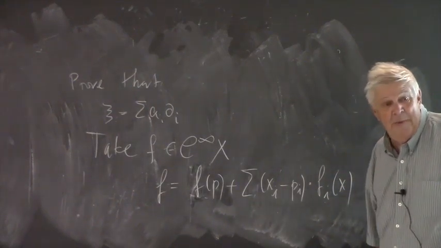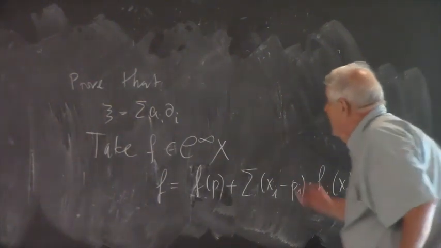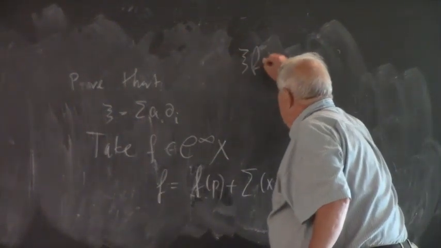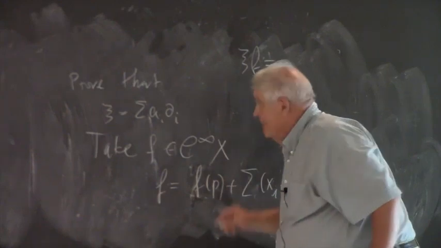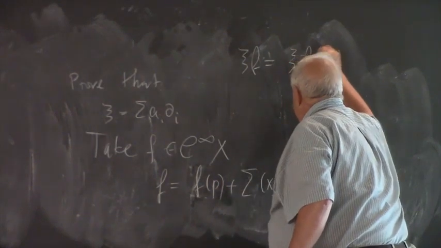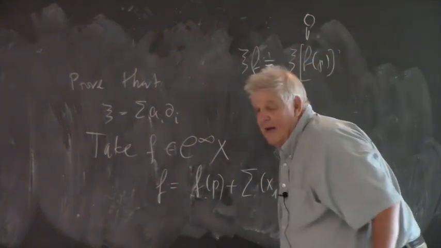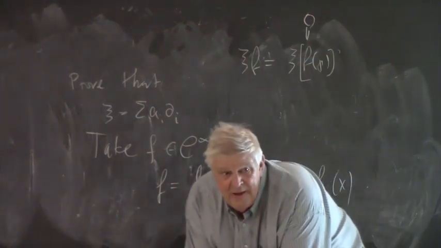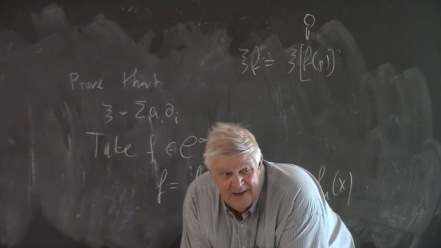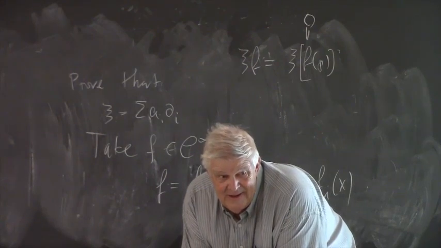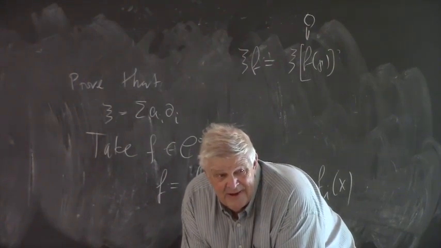Let us compute C of f. First, we need to apply this to a constant, but we already know that this is 0, right? Constant, as in tangent vector, is 0.